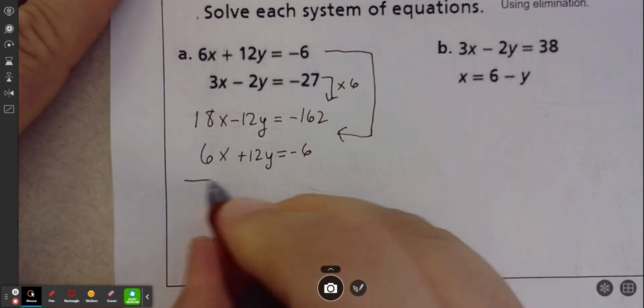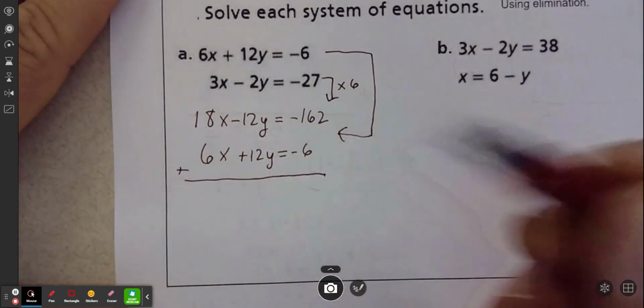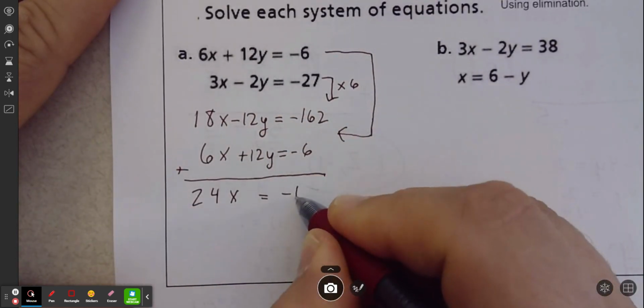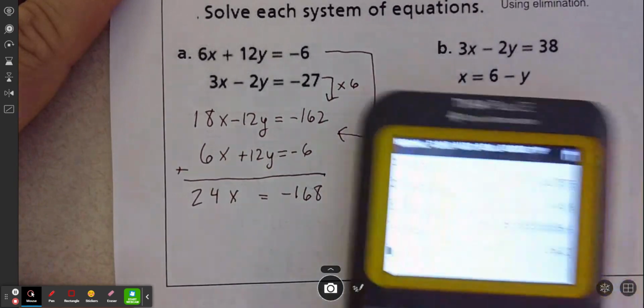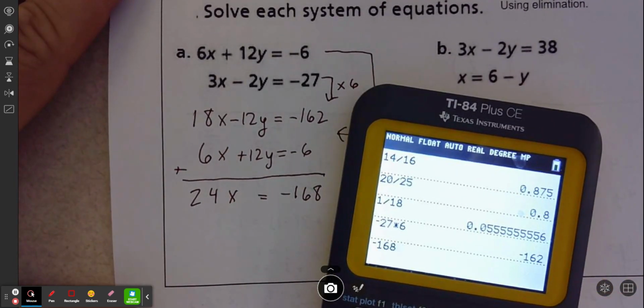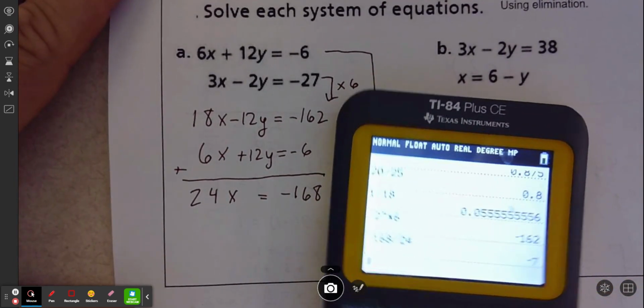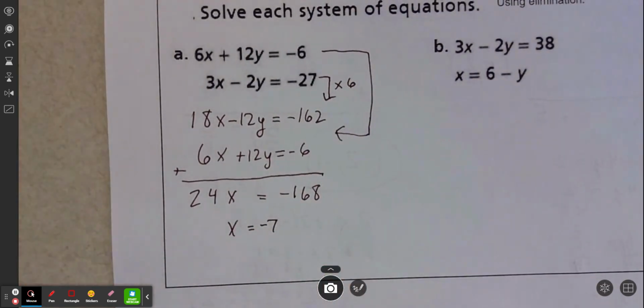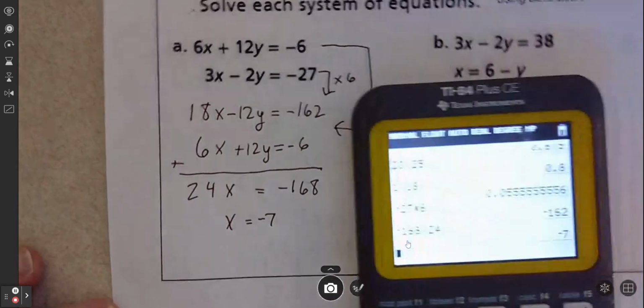Ready for elimination. I add these. So I get 24x equals negative 168. That gives me negative 7. Did I make a mistake?